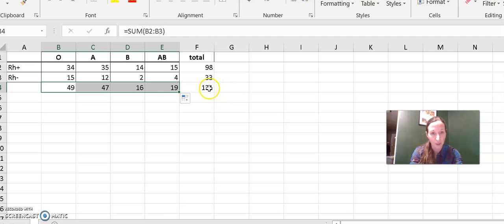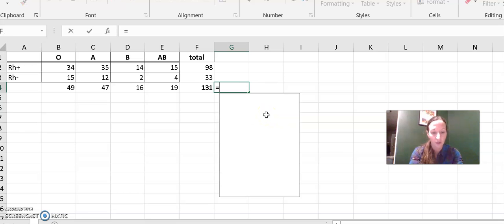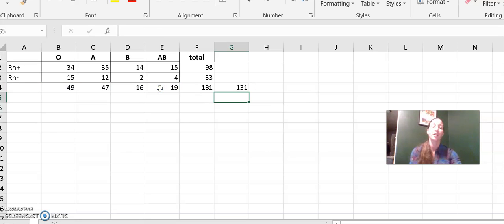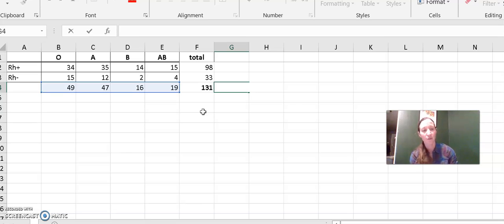And if I did this right, this 131 should also be the sum of all my columns. Let me just double check that for you. Yes. So 131 is the total number of subjects or respondents in this case.